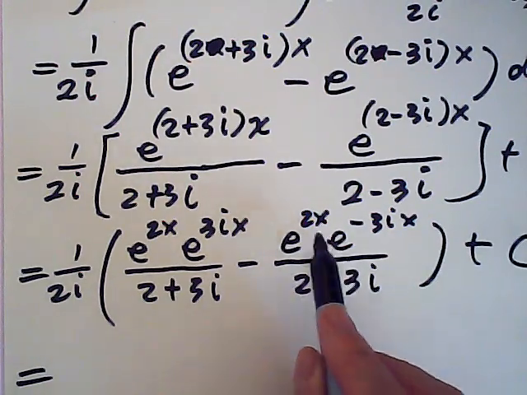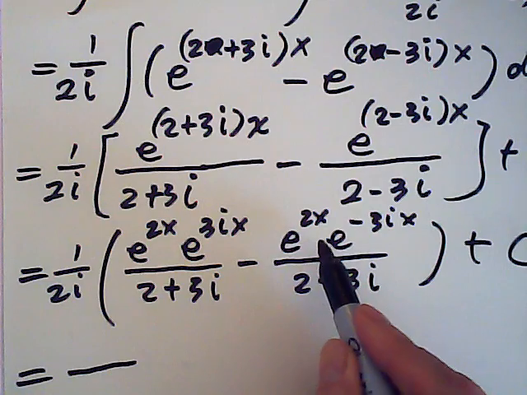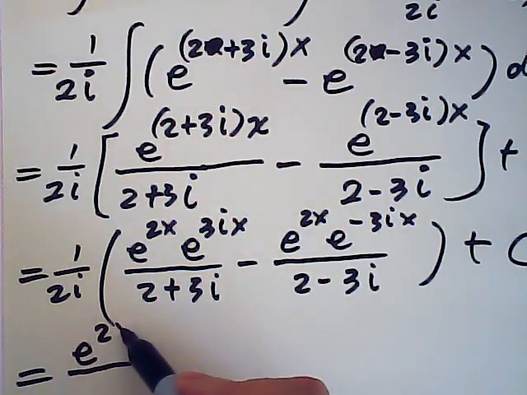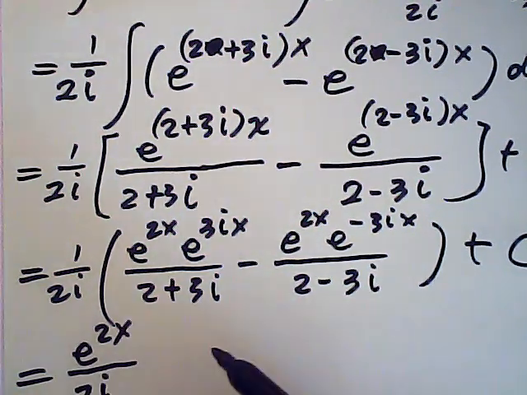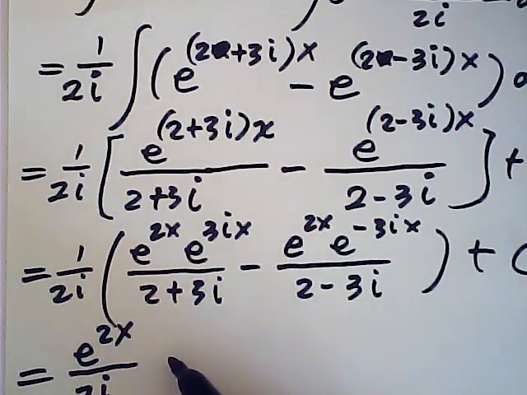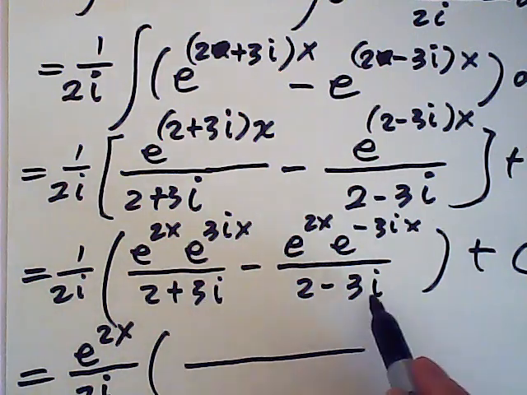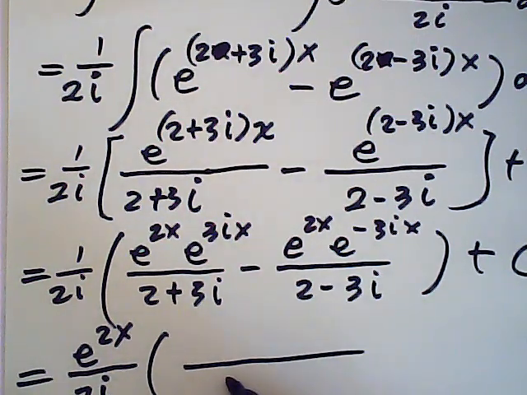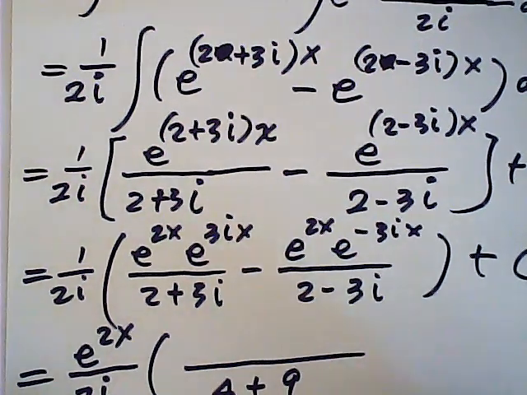I can take e to the 2x out, and this will be 4 plus 9, right?